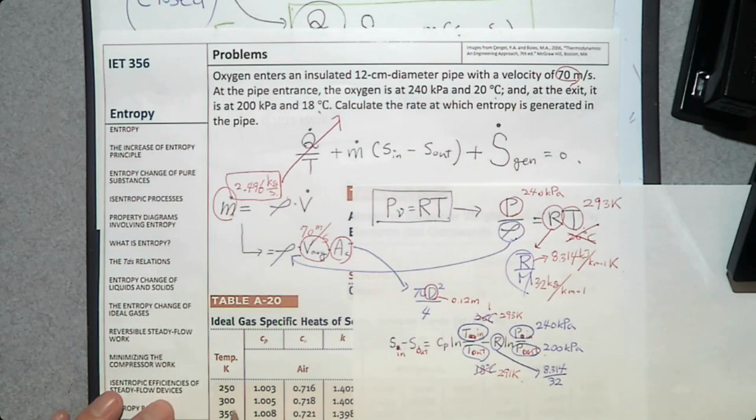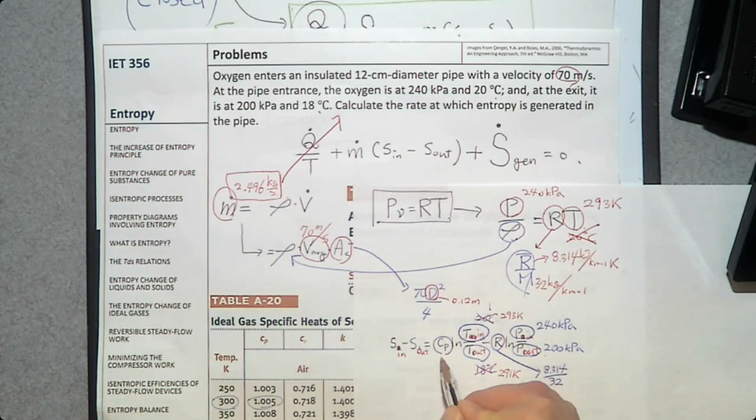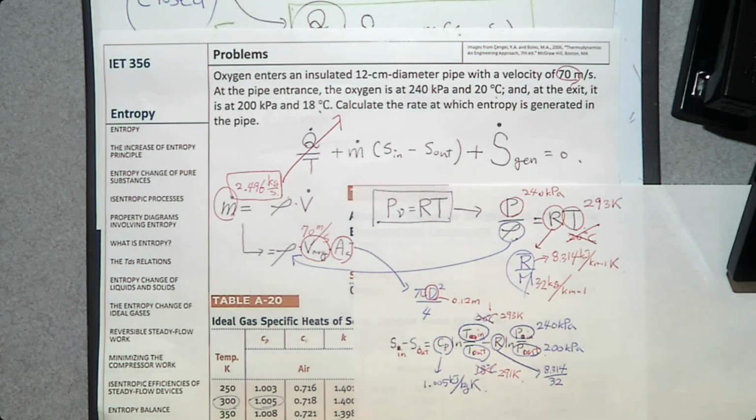I don't want to do another linear interpolation. I'm too lazy. Then it's going to be 1.005 kilojoule per kilogram Kelvin. In reality, you need to determine this specific heat at the average temperature. You know that. I know that. I don't want to do that. This is time consuming.